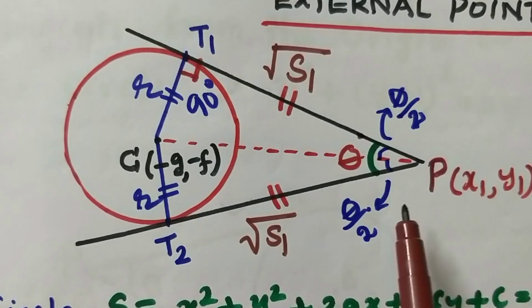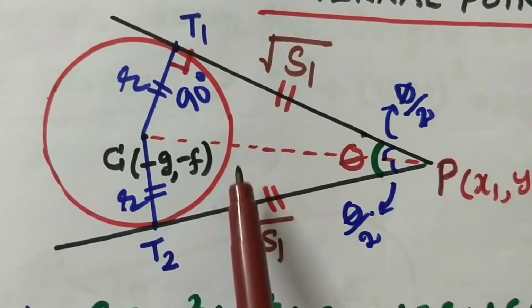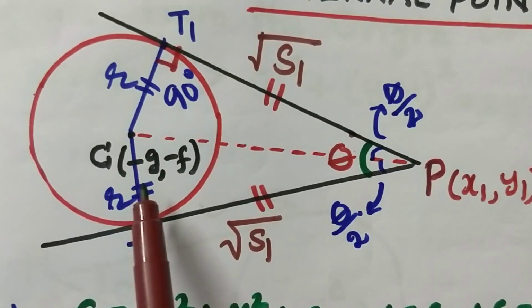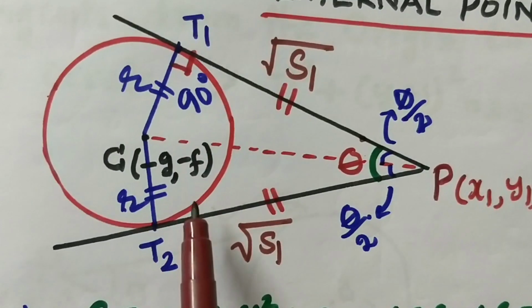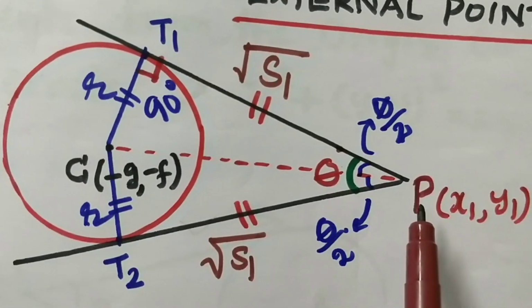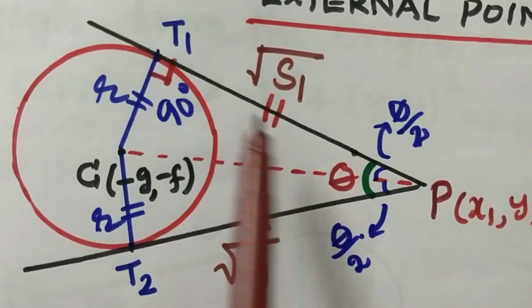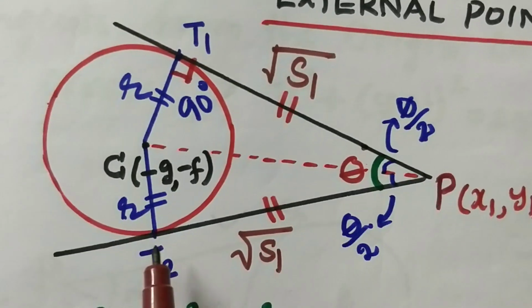Now look at this picture. Here P is external to the circle, the center C is (minus g, minus f), and its radius is given. So how many tangents can I draw? If P is external to the circle, I can draw two tangents, PT1 and PT2.